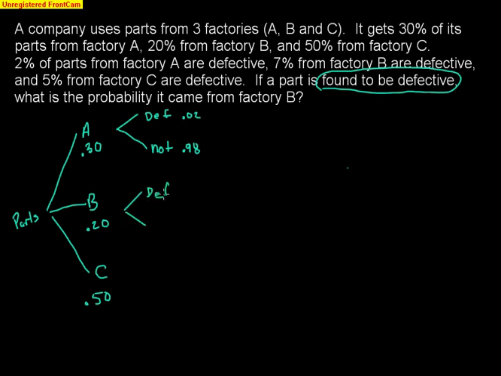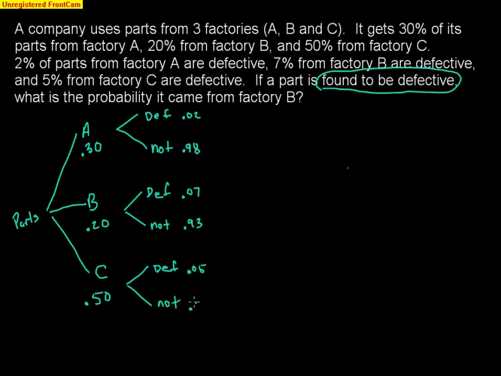It said from factory B, 7% are defective. So 0.07 would be defective, 0.93 would not be defective. And then from company C, we have 5% are defective. So we got defective and not defective. That would lead 95% to not be defective.